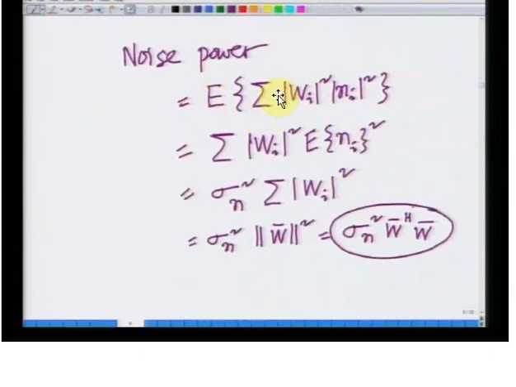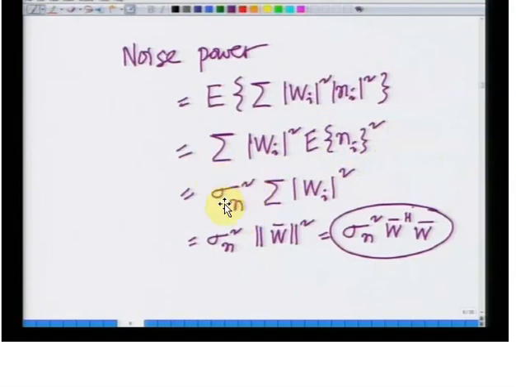So we can rearrange the terms. We can take the summation outside and the expected value inside. The only random variable is Ni, and the expected value of the magnitude of Ni squared is sigma n squared.